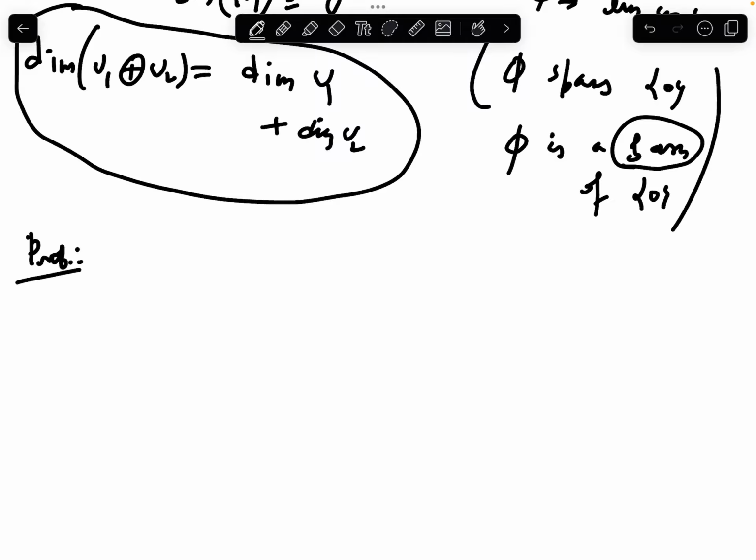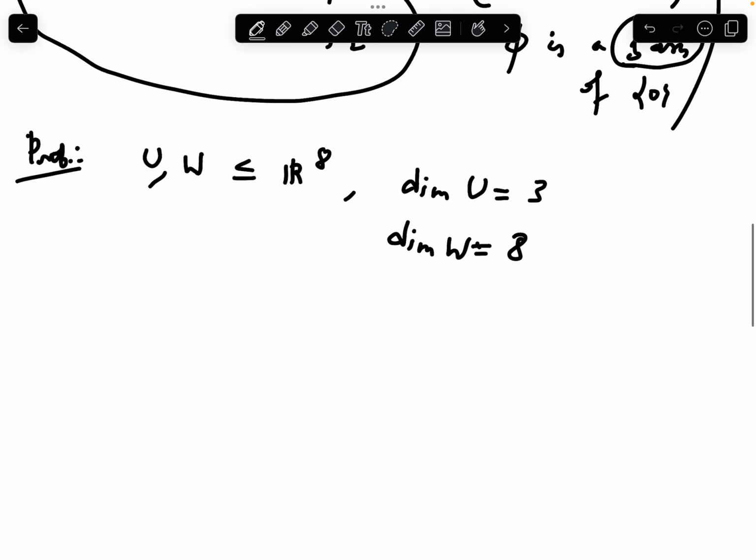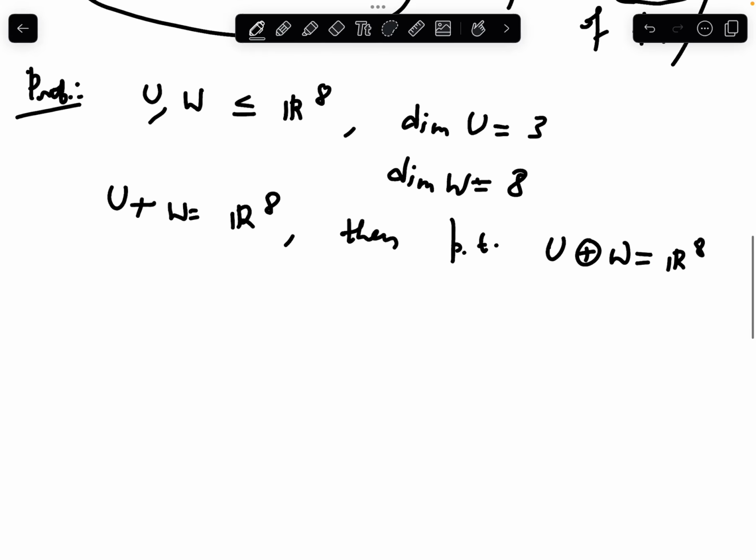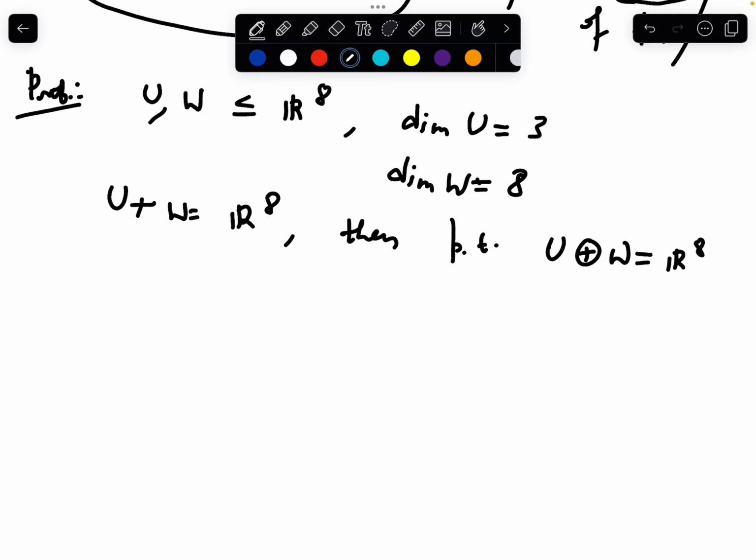It says that if U and W are two subspaces of R8 such that dimension of U is 3 and dimension of W is 8 and U plus W equals R to the power 8, then prove that U direct sum W is R to the power 8. Okay, so let's solve this quickly.